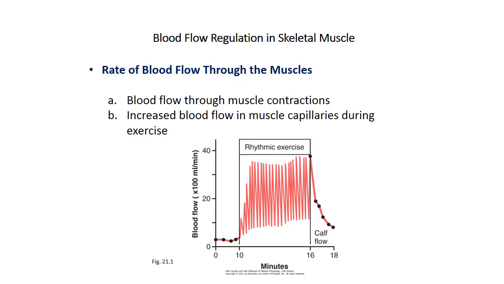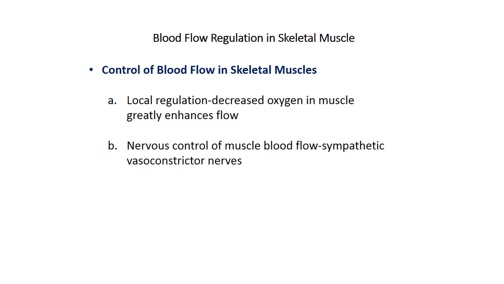All of these four factors help blood flow as long as exercise continues. So one of the important factors for regulation of blood flow is local regulation by oxygen. Hypoxia is an important chemical for locally increasing blood flow during exercise.